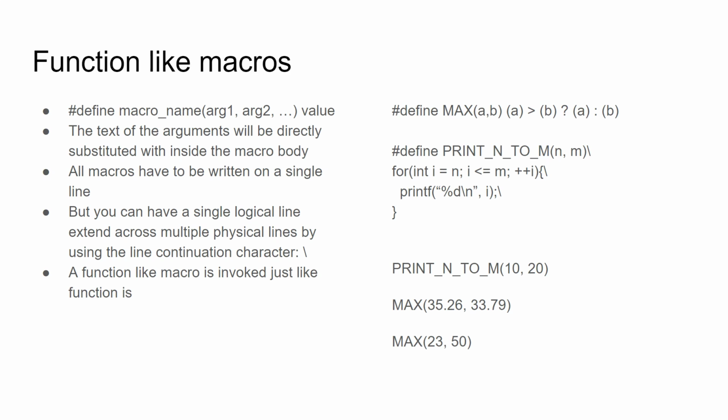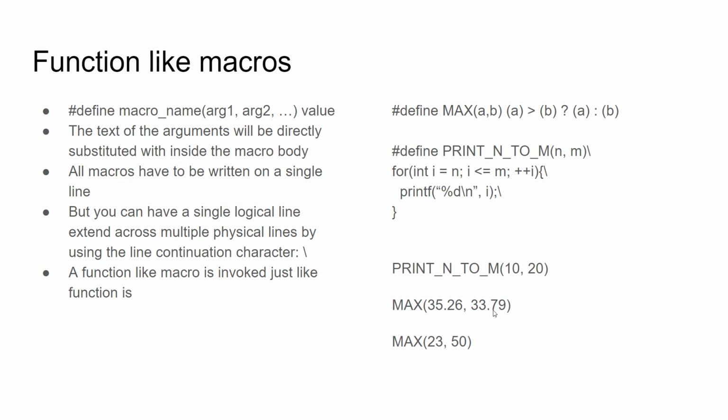So again, there's no typing here, right? It's just copy and paste this code somewhere else. So when I do print n to m, it's literally going to copy and paste this for loop and then replace the n's with 10s and the m's with 20s.